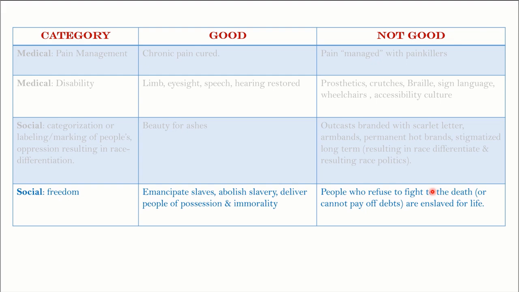And basically, if they refused to fight, they would be enslaved. The idea is to emancipate slaves, abolish slavery, and to deliver people of their slave holdings and other human beings that they view as possessions, and to deliver people of such immoral reasoning and thought.